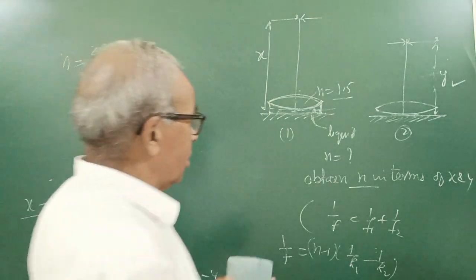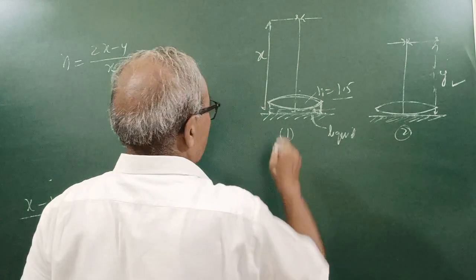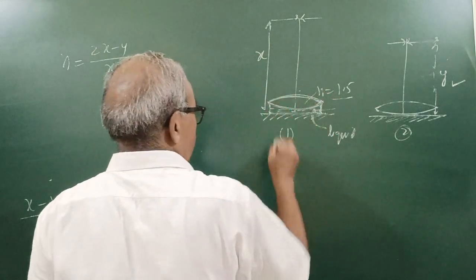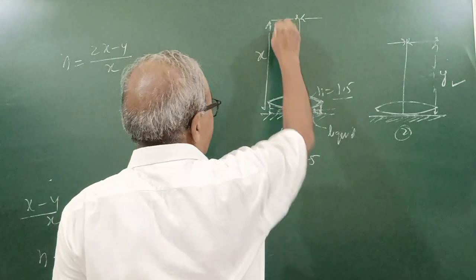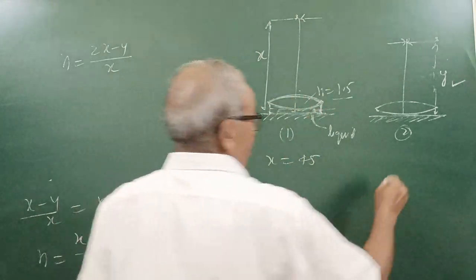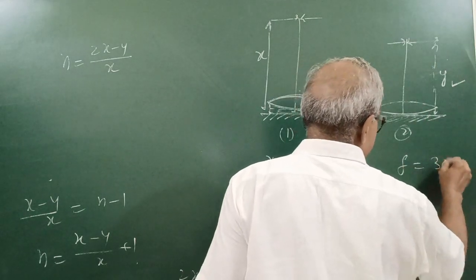We can directly do it: if x is equal to 45 centimeter, then 45 centimeter is the focal length of the combined lens, and f for this lens is 30.